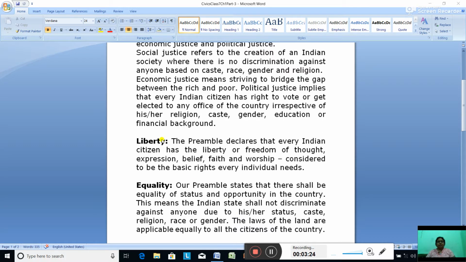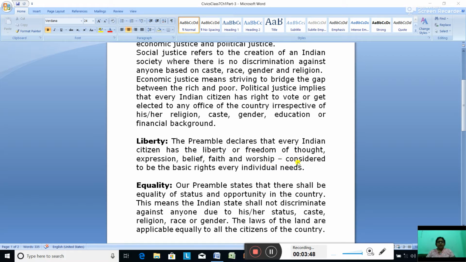Next we have liberty. Liberty means freedom. So the preamble declares that every Indian citizen has liberty or freedom. Freedom of thought, freedom of expression, freedom of belief, freedom of faith, and freedom of worship.